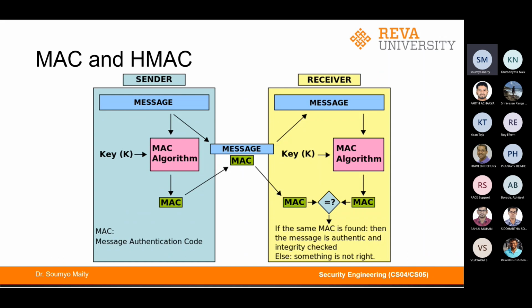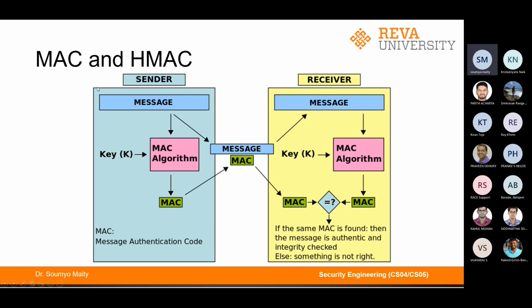Okay. Now we will see another application of hash, which is during communication. The objective is not to achieve any confidentiality. I'm not sending any secret message, but I want to make sure that whatever message I have sent is the right message. Nobody has tampered with that in between. Anybody can read that message, I don't mind, but nobody should tamper with it. How can I do that? There are 2 ways.